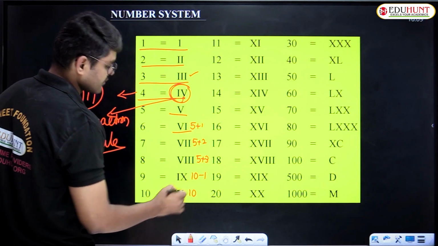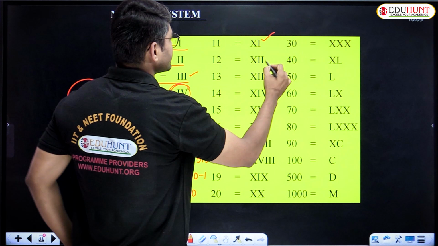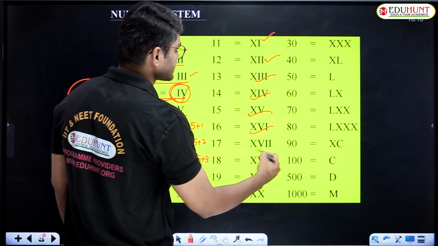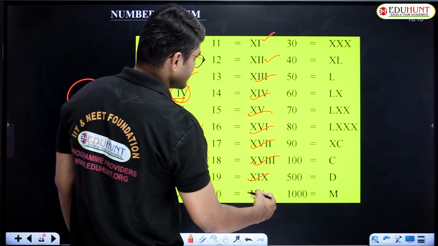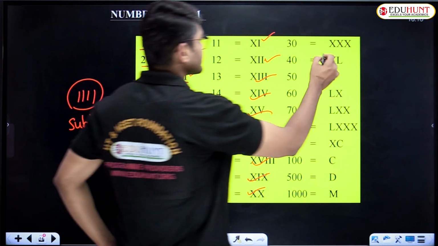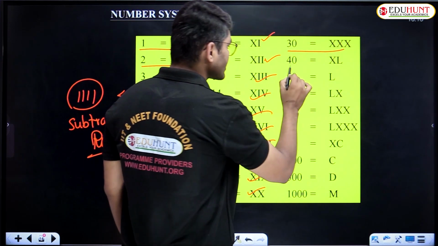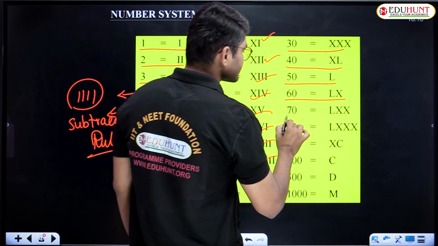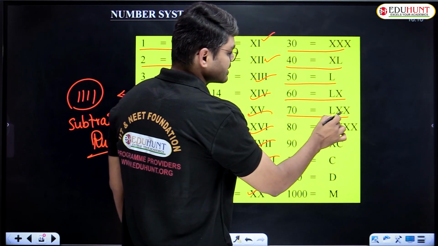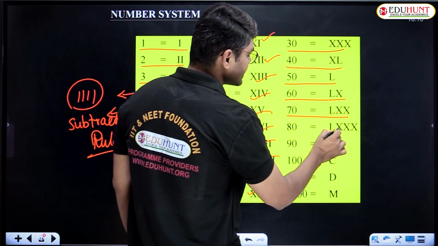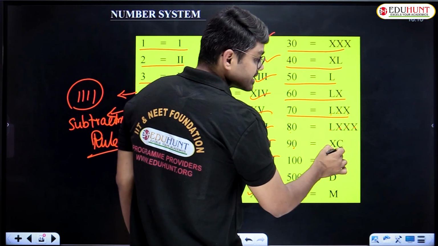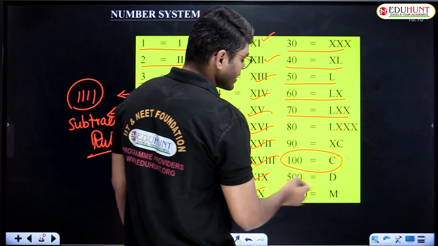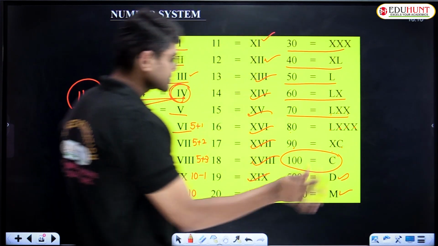This is 10, we know that. 10 plus 1, 10 plus 2, 10 plus 3, 10 plus 4, 10 plus 5, 10 plus 6, 10 plus 7, 10 plus 8, 10 plus 9. 10, 20, 30, 3 numbers. 40 XL, 50 L, 60 LX, 70 is 50, 10, 10, 80 is 50, 10, 10, 10, 90 is 100 minus 10, 100 C, 500 D, 1000 M.